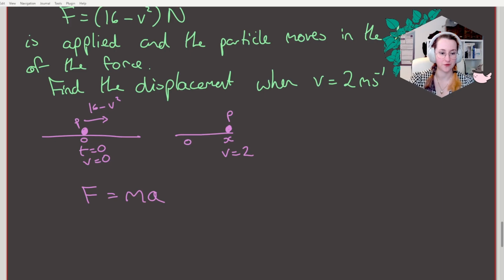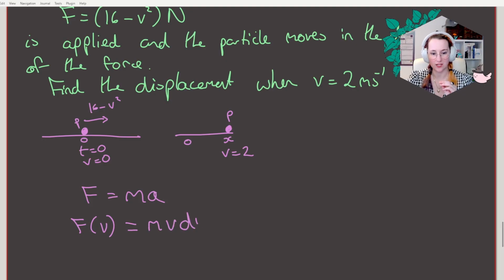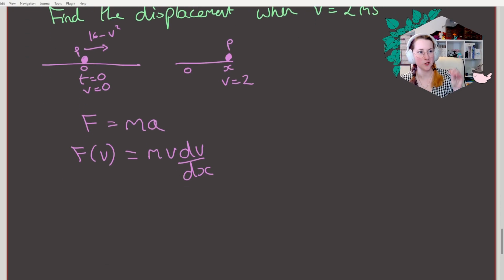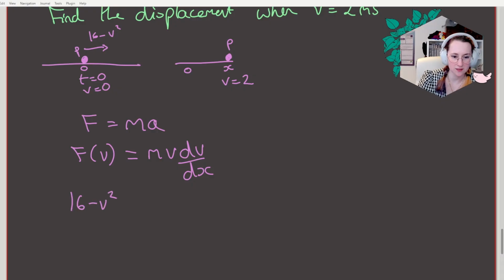Now, F is a function of v, but we can write a in terms of x, using the v dv/dx expression. So there will be an x in this somewhere, and we have values of v. So let's sub in: 16 minus v squared equals mv dv/dx. I'm realizing this is a disgusting integral and not helpful at all, but oh well.